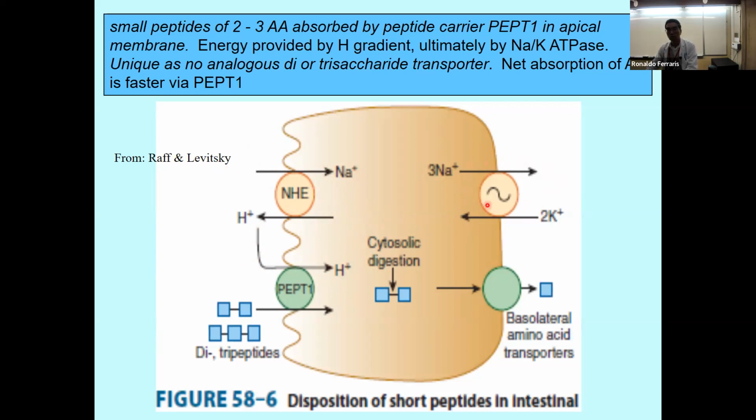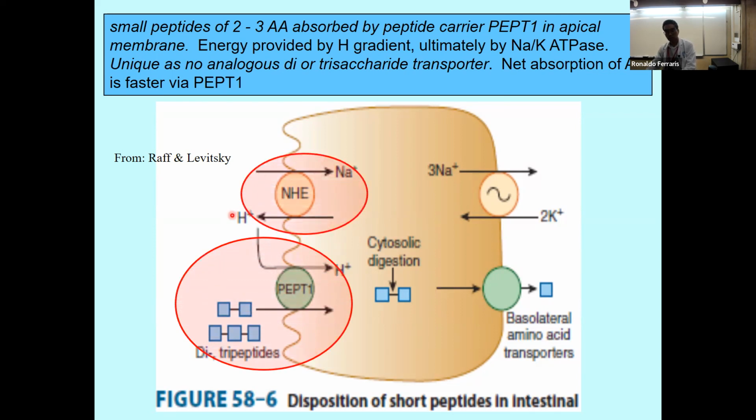So if you poison the sodium potassium ATPase here with ouabain or some other poison that inhibits this, it not only affects this, but will also ultimately affect a proton-dependent transporter here. So this is proton-dependent, and it's powered by this proton gradient that is generated by the sodium potassium ATPase.